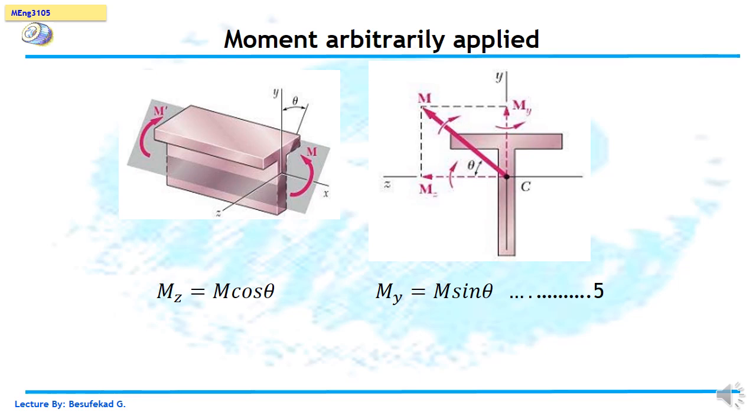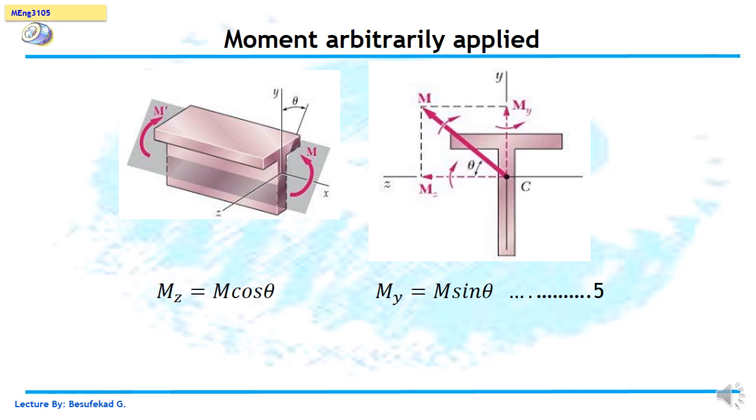What is the stress direction due to the Mz couple? The direction is x. Positive or negative? Negative, compression. Because the point is here, if you apply a couple like this, then it experiences negative stress, or compression. So that's why we have a negative sign.